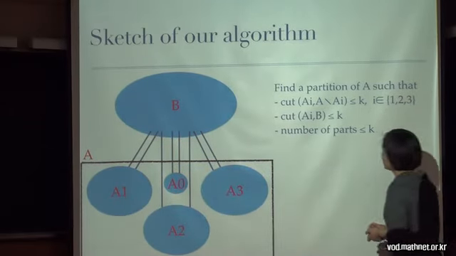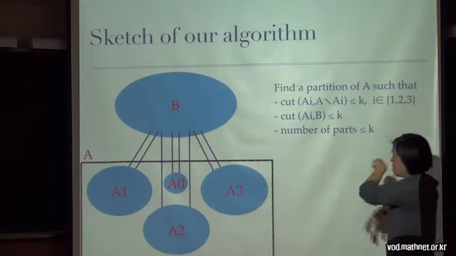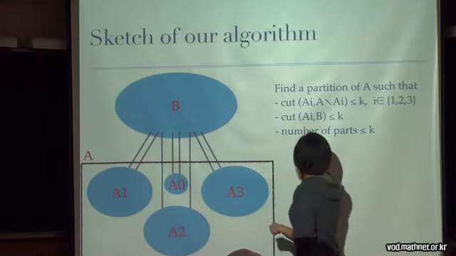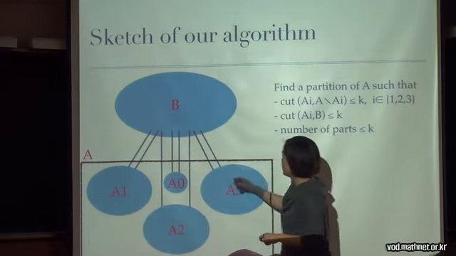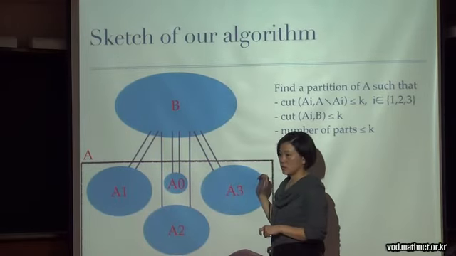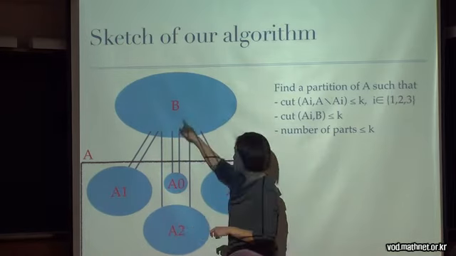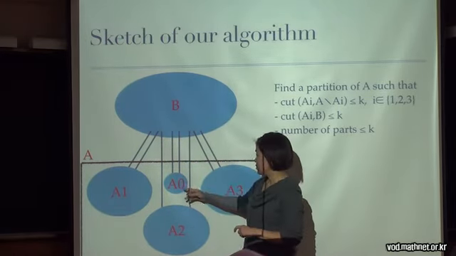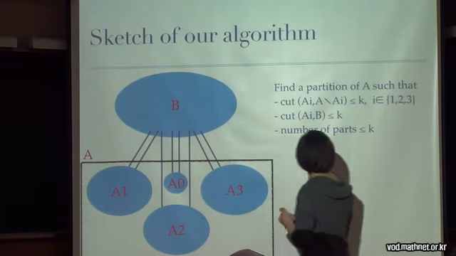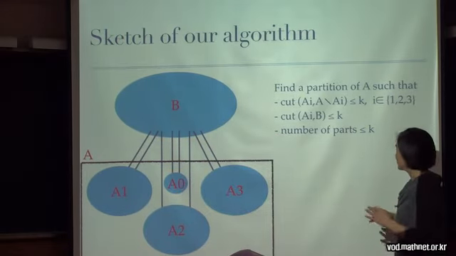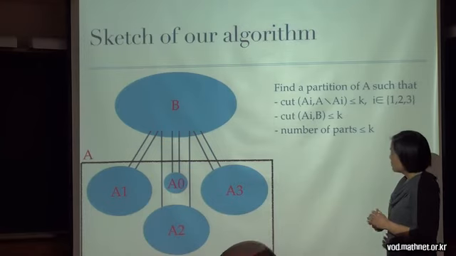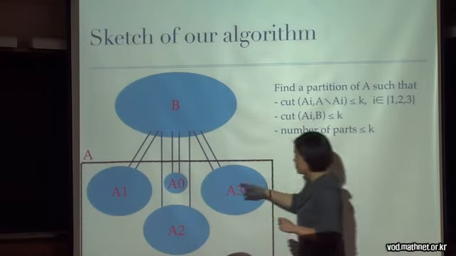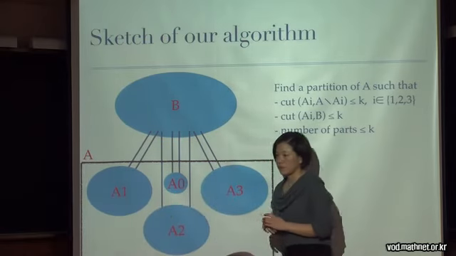And the cut size between A3 and B is at most k, A2 and B is at most k, A1 and B is at most k. And another requirement is that the number of parts should be at most k.